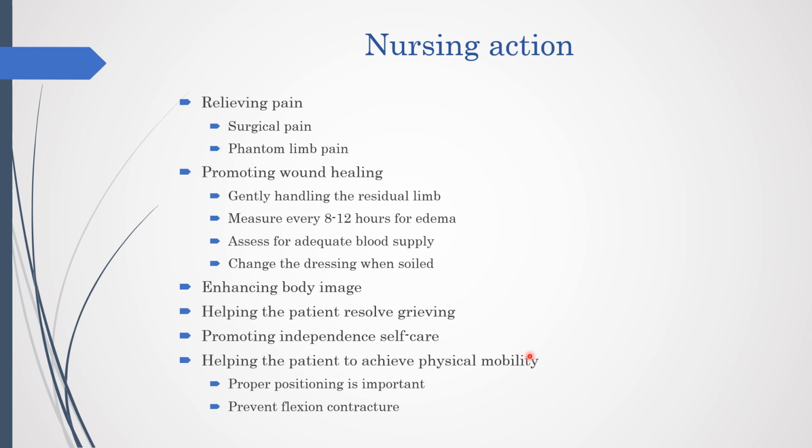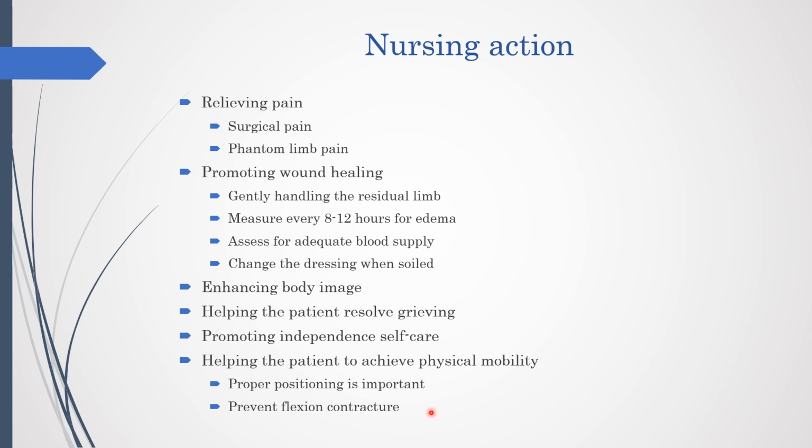Proper positioning for the patient is very important. For the patient with amputation, positioning is different from hip dislocation and hip arthroplasty, but the patient with amputation can develop flexion contracture.